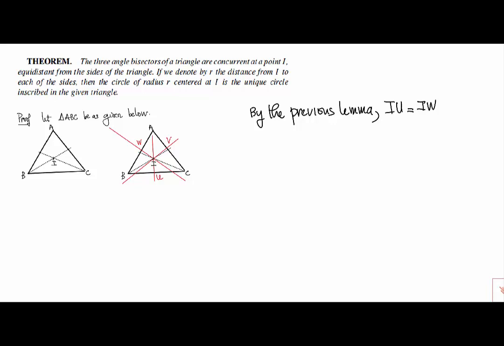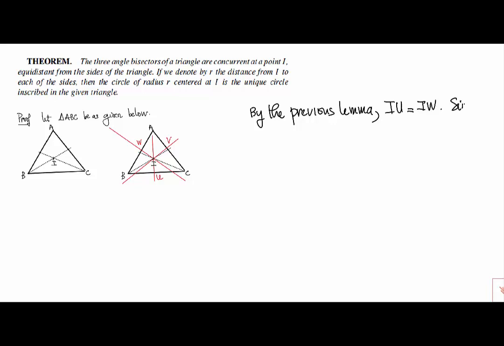So let me remind you why this must be the case. The previous lemma tells us that the bisector of angle IBC is the locus of points in the interior angle that are equidistant from the sides of the triangle. So the fact that IB is a bisector of angle B allows us to say, by appealing to the previous lemma, that IU must be equal to IW.